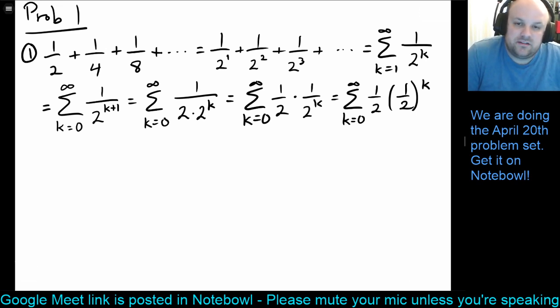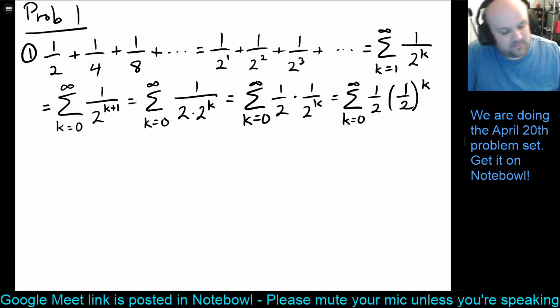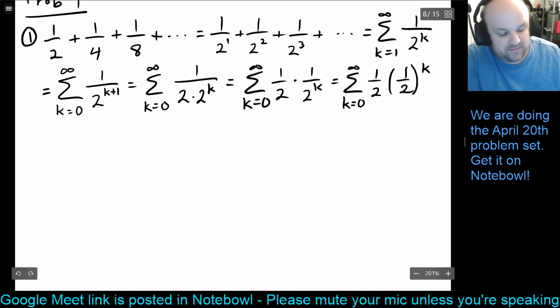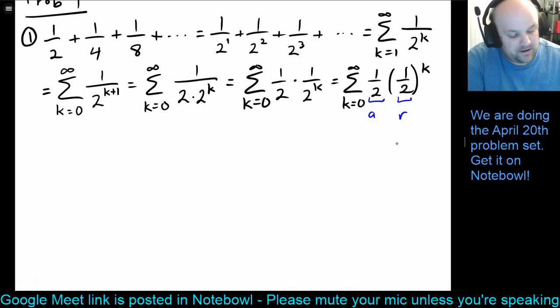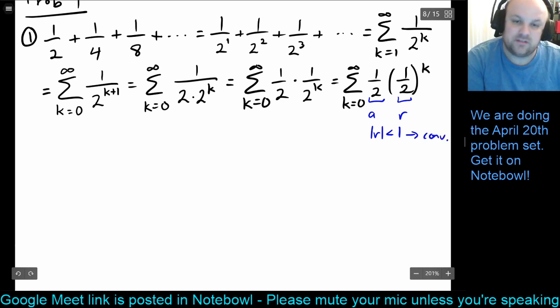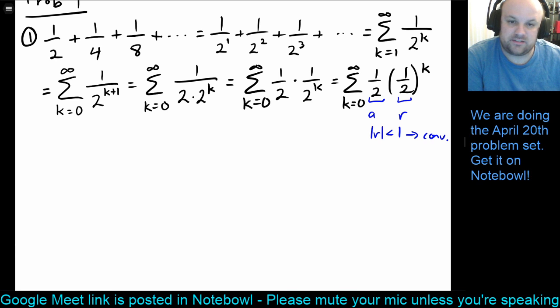Right. So, now that we have that, here's our A, here's our R, right? And we know here that the absolute value of R is less than 1, so this is going to converge. So this series is convergent. That's great. And what does it converge to?